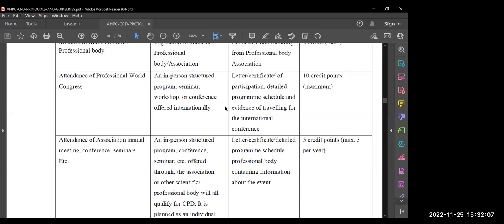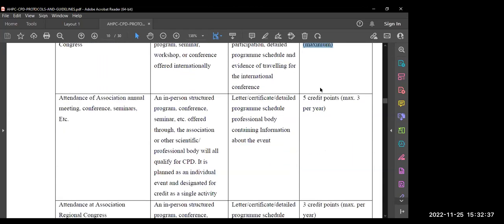But yes, the concept was that if you attended an international conference and it is less than 3 days, you should get 5 points. If it's more than 3 days, you should get more than 5 points. If it's more than 5 days, you should get the maximum 10 points. So that is the concept. But at this moment, I'm unable to confirm how the council is applying this provision.